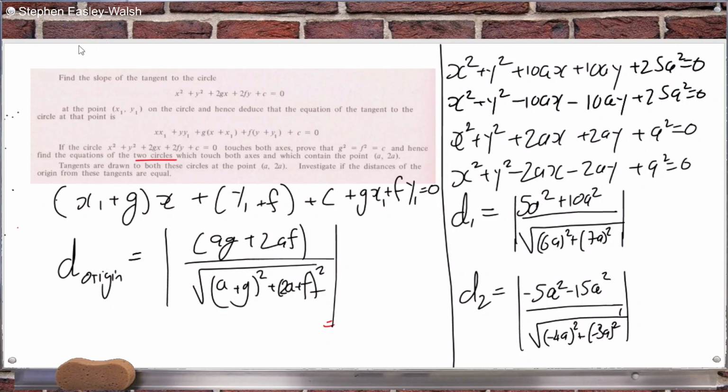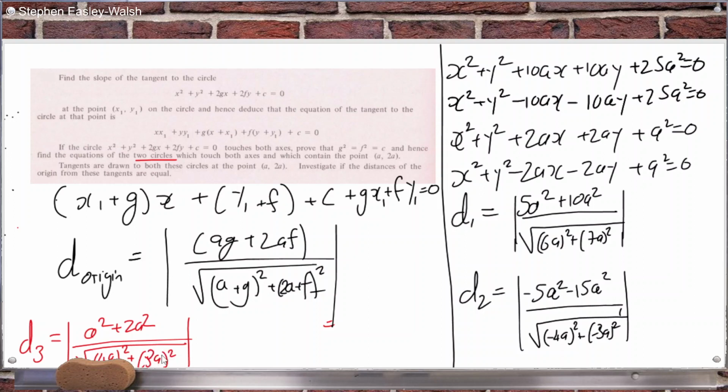Okay. And now distance 3. So it's going to be AA this time. So that's going to be a squared plus 2a squared all over the square root of AA 4a squared plus 2a plus a 3a squared.